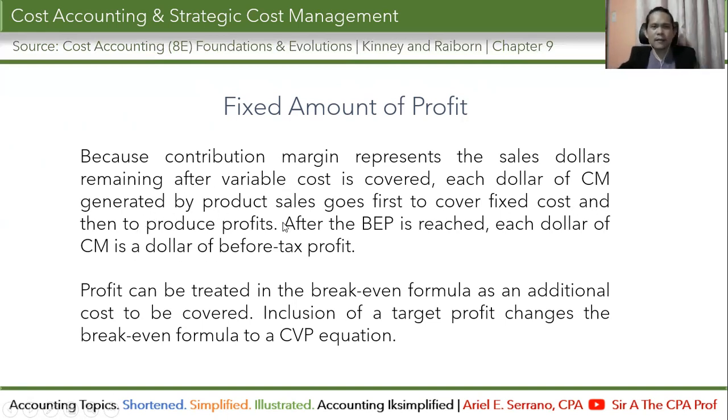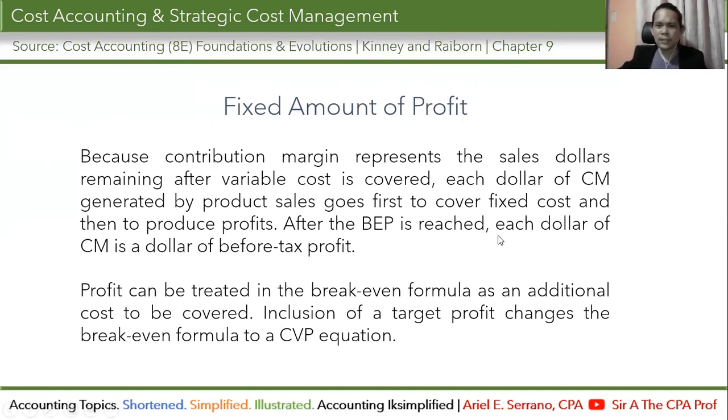So doon sa ating variable cost relationship na pinick up natin from the previous video lectures, di ba? Yung ating total contribution margin, binubuo ito ng iyong fixed cost at saka ng profit. So ang ginagawa nito, yung contribution margin, i-cover muna nito yung mga fixed cost before any profits na. Of course, kung hindi kayang i-cover ng contribution margin yung fixed cost, we are operating at a loss. Okay?